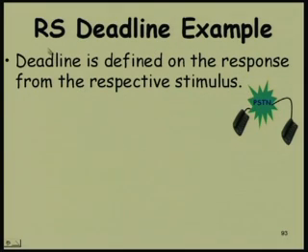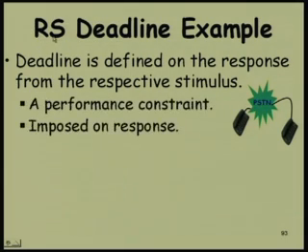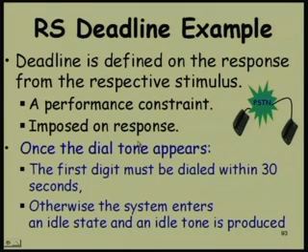So, it should be SR. I think there is a mistake here. It should be an SR deadline example, because it is a response event on which the constraint is defined with respect to a stimulus event. So, just change this one, this should be SR. Since it is defined on the response event, it will be a performance constraint. Is that okay? That is because it is imposed on a response. So, let us see the example.